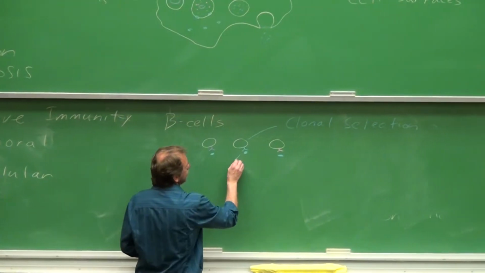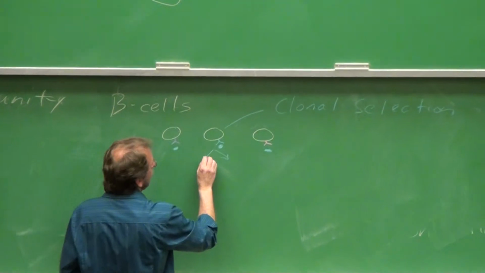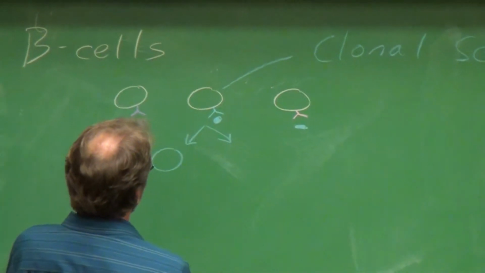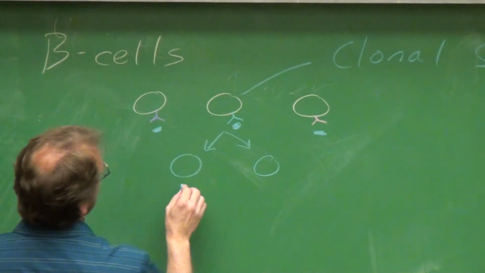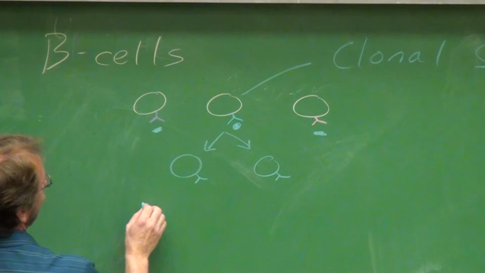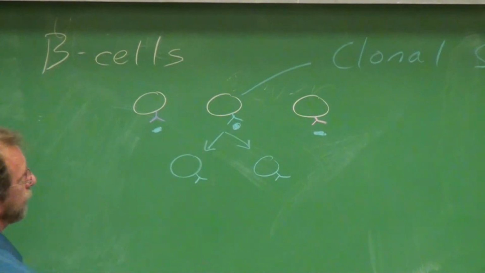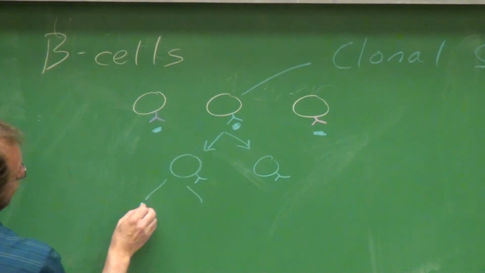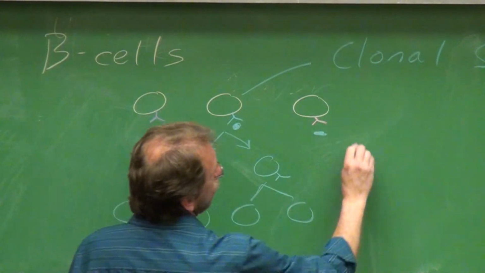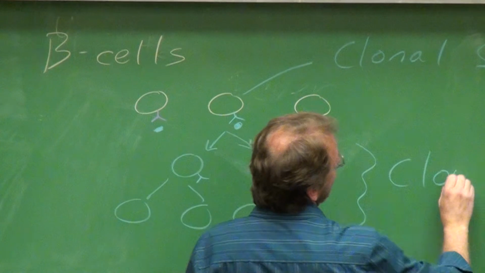And as you might expect, that B cell then replicates itself with that antigen. So more of these can also bind to it, and it continues the process of replicating. And this is called clonal expansion.